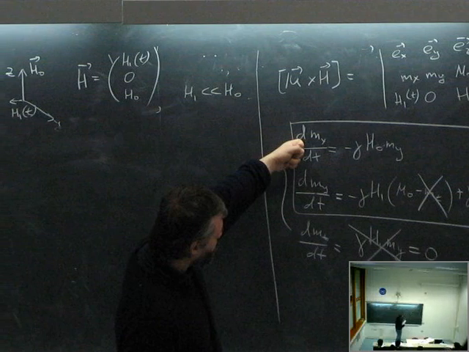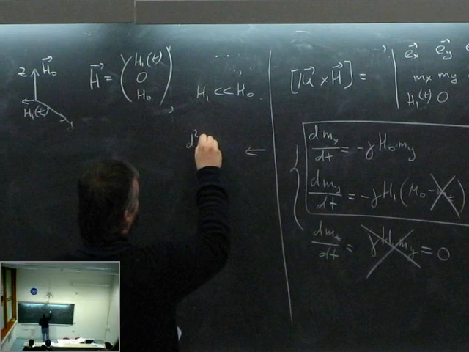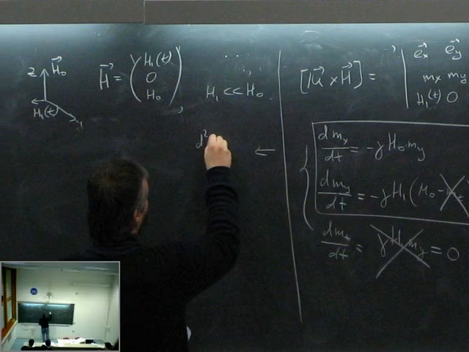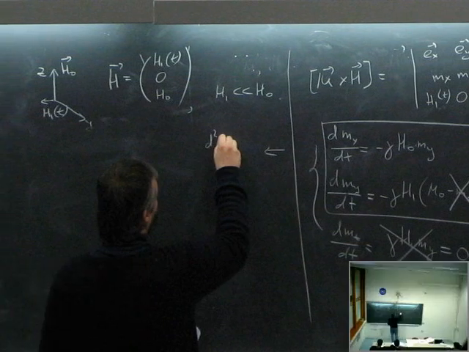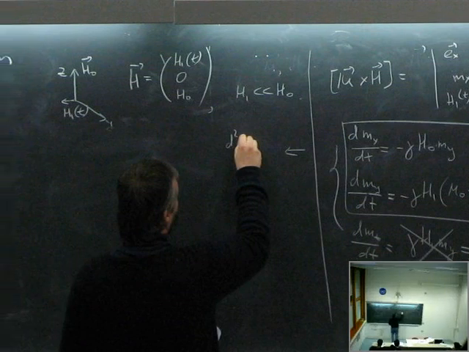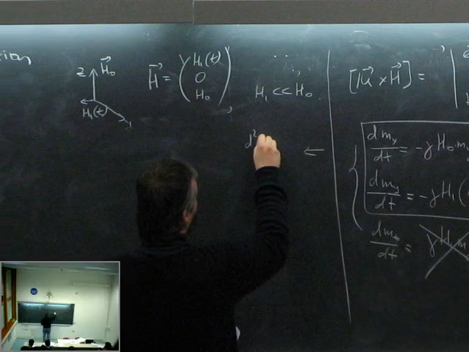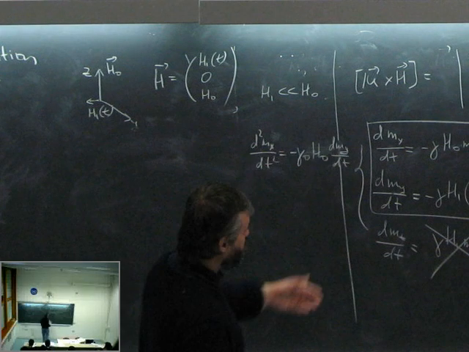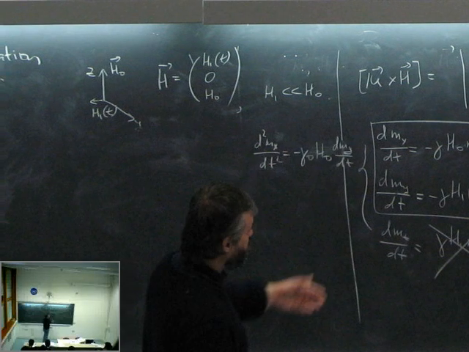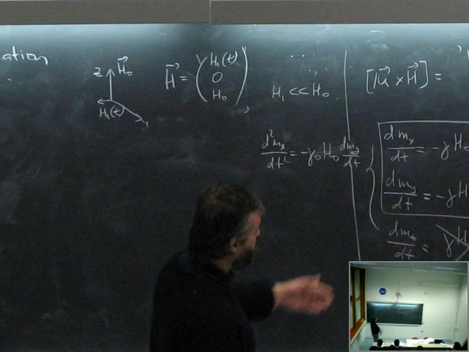So therefore, from this equation, I will get d2 mx over dt squared is equal to minus gamma h naught dmy over dt. And then I use the second equation in order to exclude my.